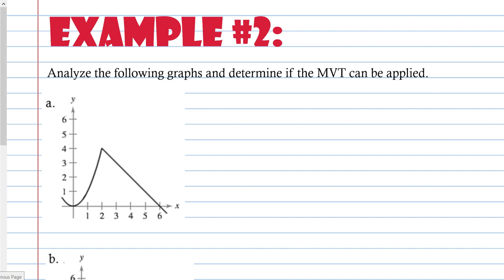Okay, example 2. Analyze the following graphs and determine if the MVT can be applied. Okay, so can the mean value theorem be applied? So, is the function continuous? Yes, check. Right? Now, is the function differentiable?